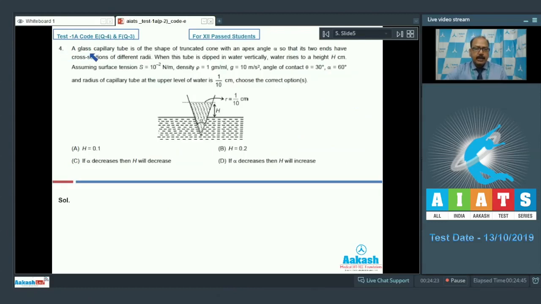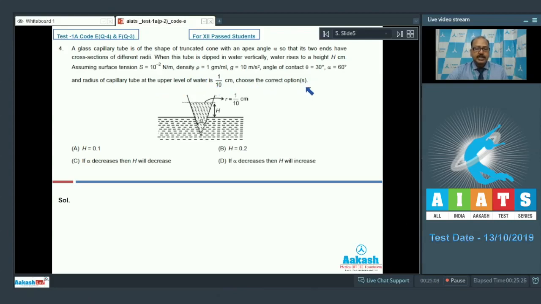Question 4 says a glass capillary tube is of the shape of a truncated cone with an apex angle alpha so that its two ends have cross sections of different radii. When this tube is dipped in water vertically, water rises to a height h centimeter. Assuming surface tension S equals 10 to the power minus 2 Newton per meter, density rho equals 1 gram per ml, and G equals 10 meter per second square, angle of contact theta is 30 degree, alpha is 60 degree, and radius of capillary tube at upper level of water is 1 upon 10 centimeter.